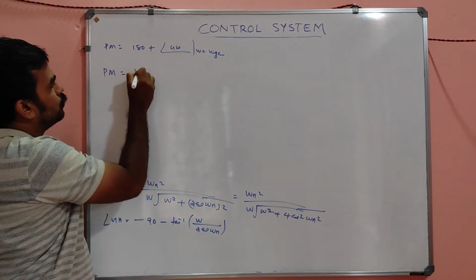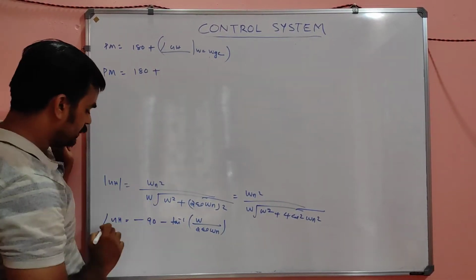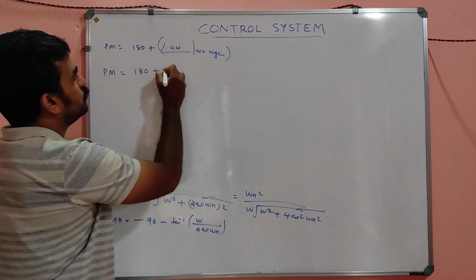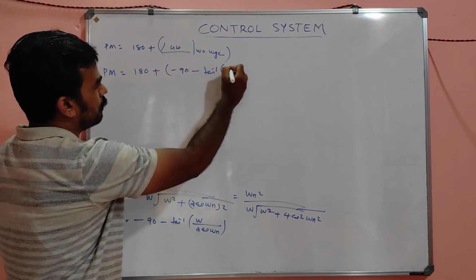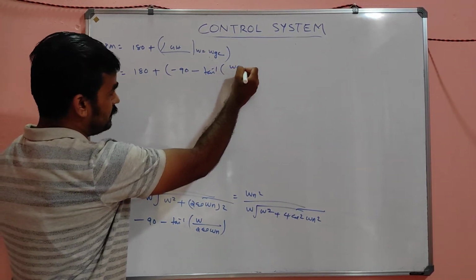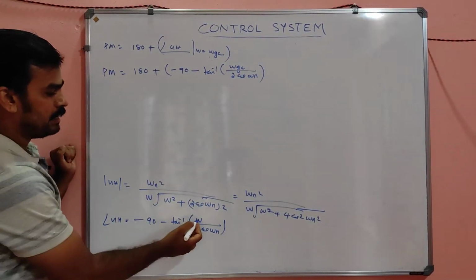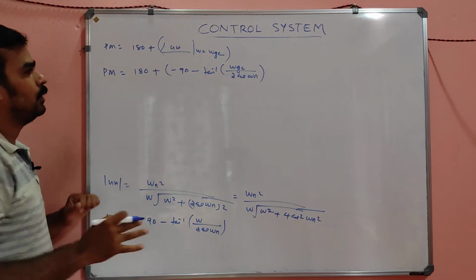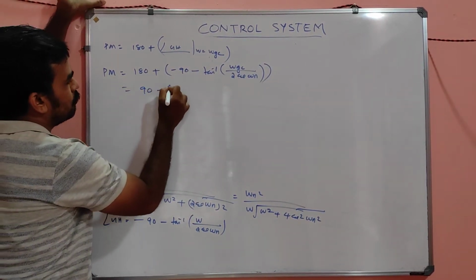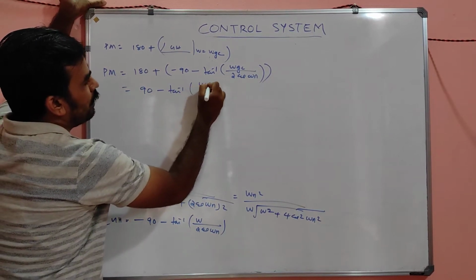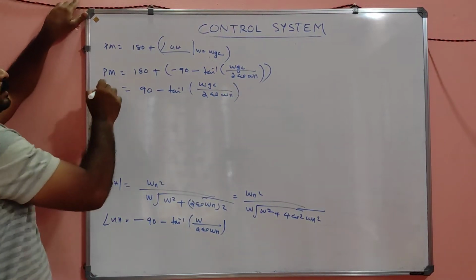You already know the angle of GH now, so just substitute: minus 90 minus tan inverse omega GC divided by 2 zeta omega n. Instead of omega, you put omega GC, that's all. So the phase margin is 180 minus 90 minus tan inverse omega GC divided by 2 zeta omega n.